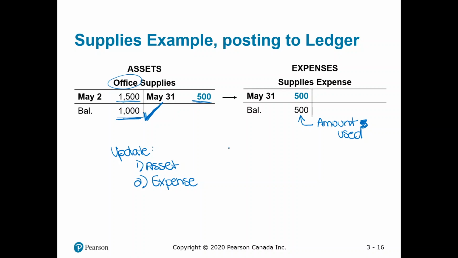And it's going to follow the same idea. If the adjusting entry was missed, we wouldn't have these entries. So our balance would be $1,500, and over here it would be 0. So again, our asset is overstated if we miss this. It's too high, and our expense is understated.